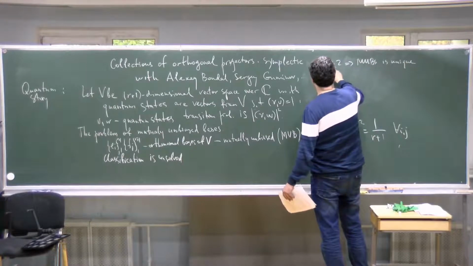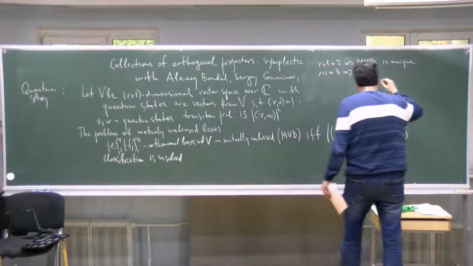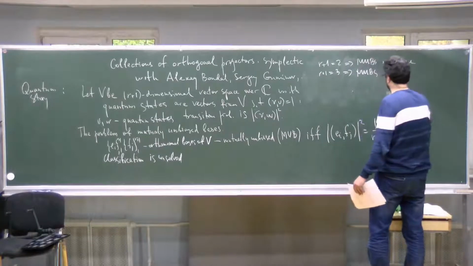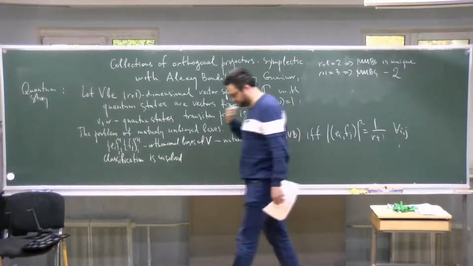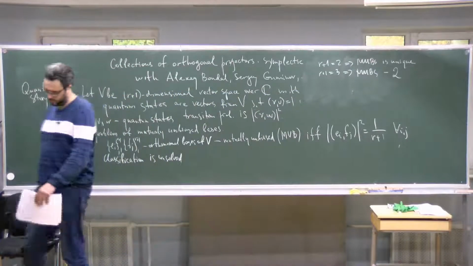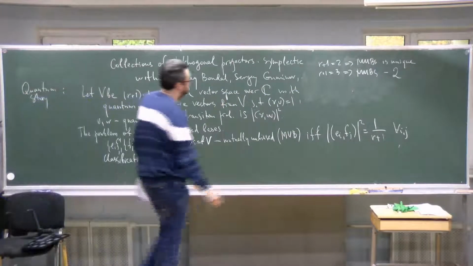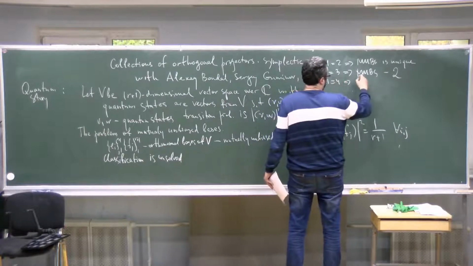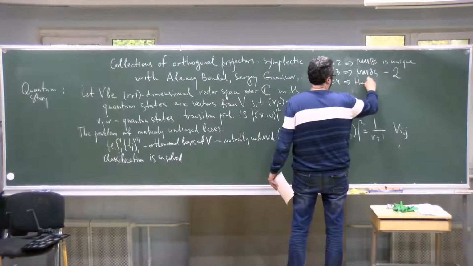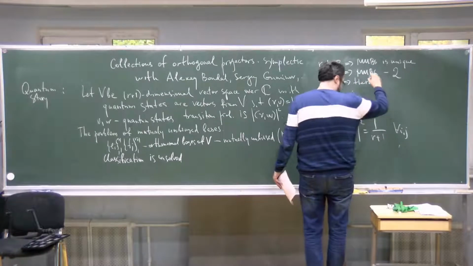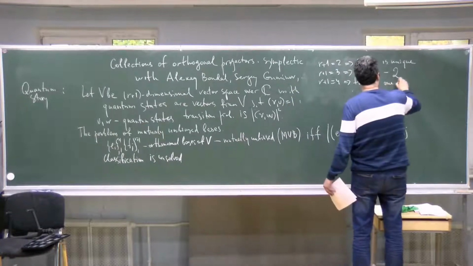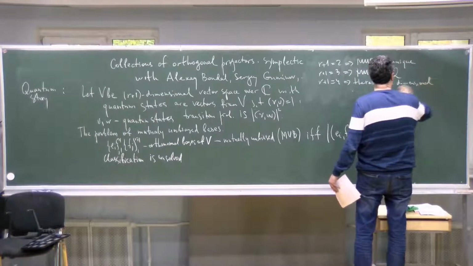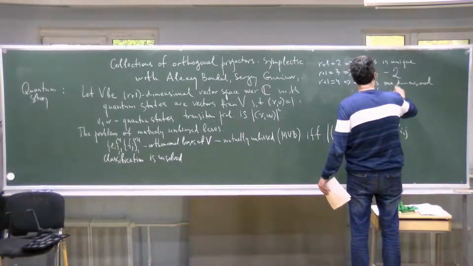If r plus 1 is 3, then there is a unique one up to unitary equivalence. If r plus 1 is 4, there is a one-dimensional family of MUBs.